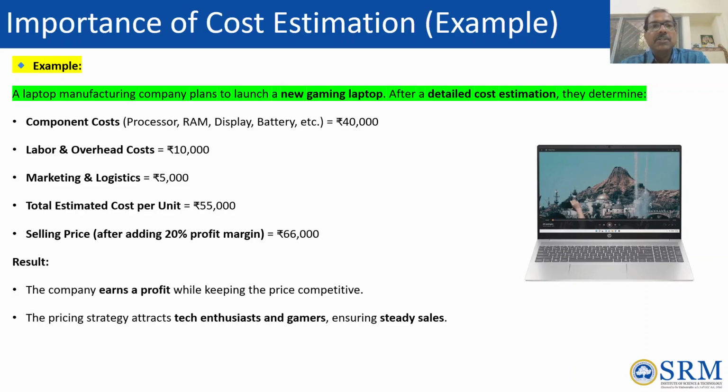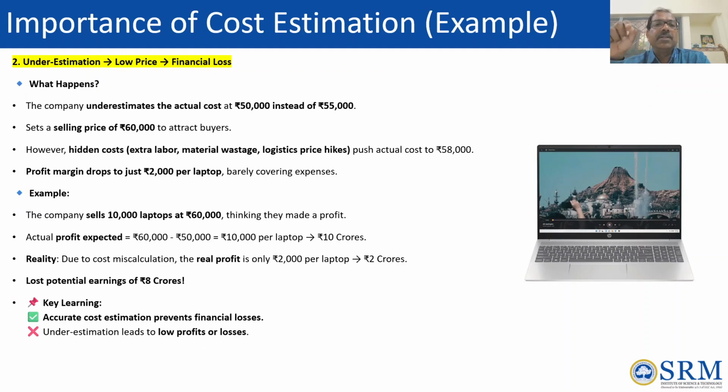Put together, 55,000. Instead of estimating 55,000, if you are estimating 50,000 and setting the selling price at 60,000 to attract buyers, then hidden costs like extra labor, material charges or logistics price hikes push the actual cost to 58,000. For example, if it goes to 58, you will be losing the margin.